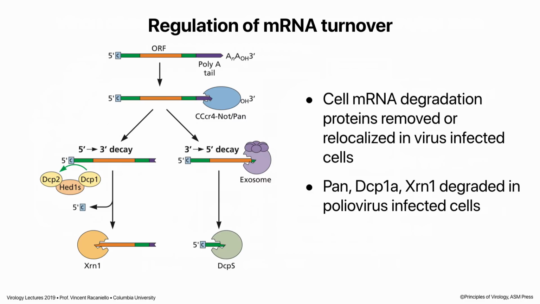So these are ways that cells have to modulate the half-lives of their own mRNAs, and of course, they can also affect the presence of viral mRNAs, and so therefore, these proteins have to be antagonized or degraded, otherwise the viral mRNAs will be removed. And one example is in polio-infected cells, PAN, DCP1A, and XRN, which are all chewing enzymes shown on this slide, are all degraded.